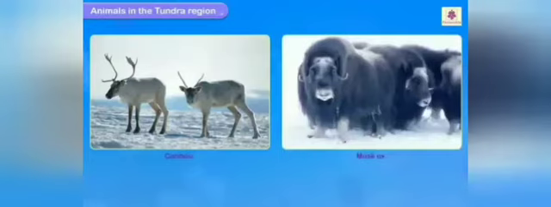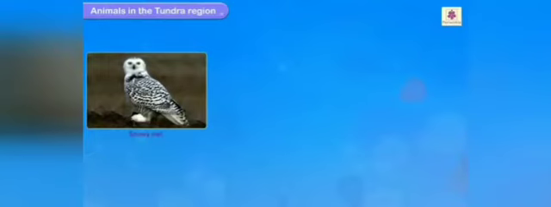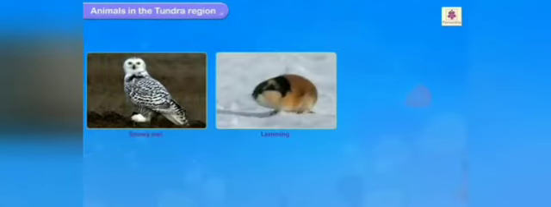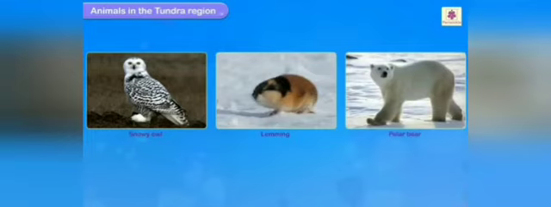Animal species in the Arctic tundra include caribou, musk ox, Arctic hare, Arctic fox, snowy owl, lemmings, and polar bears.